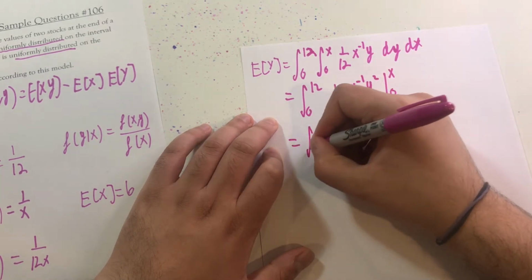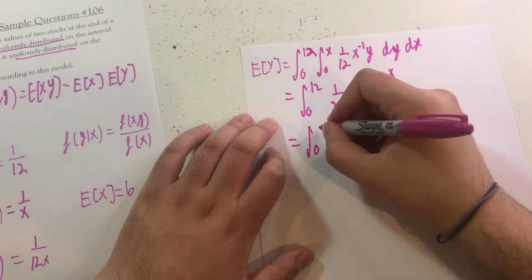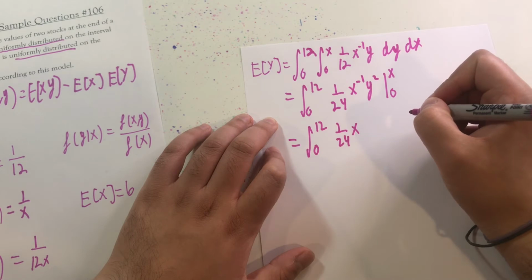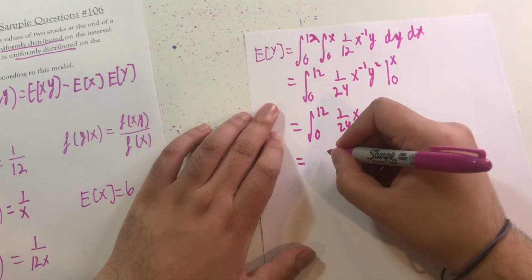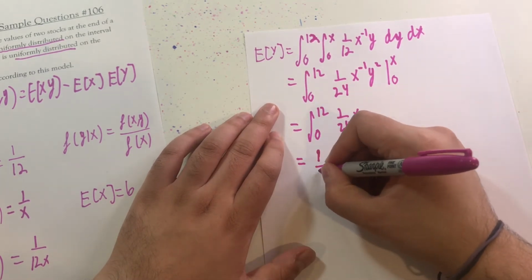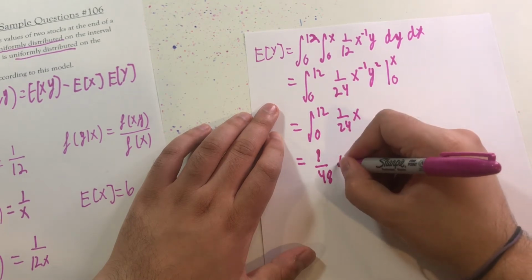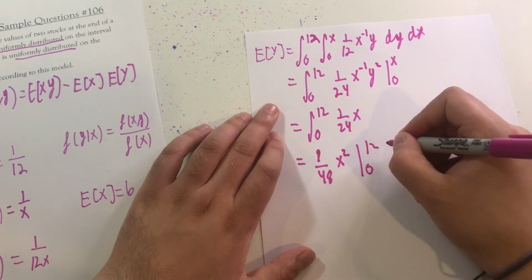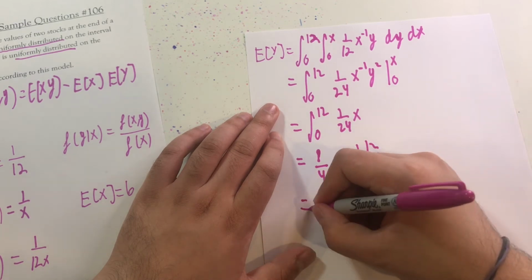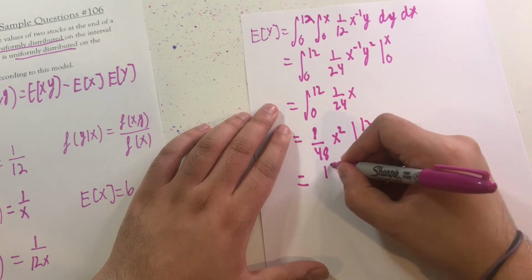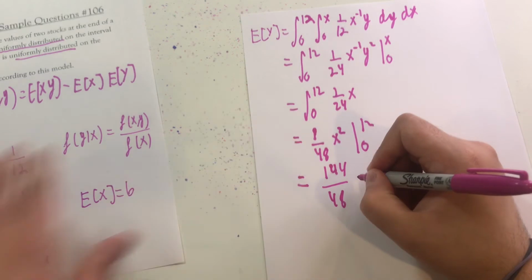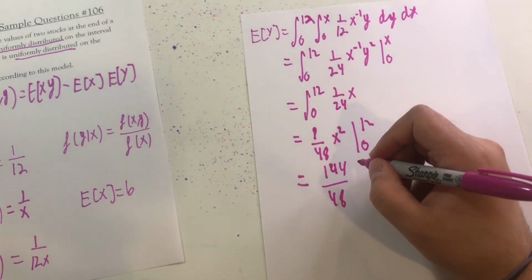And this becomes 0 to 12 of 1 over 24x. Integrating this, I get 1 over 48 x squared, going from 0 to 12, and this gets me 144 over 48, which is 3.